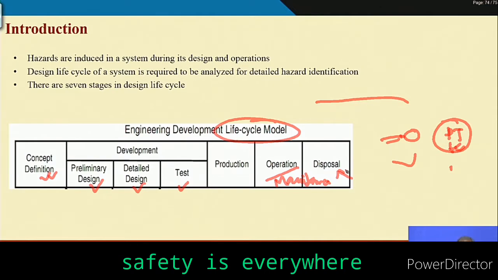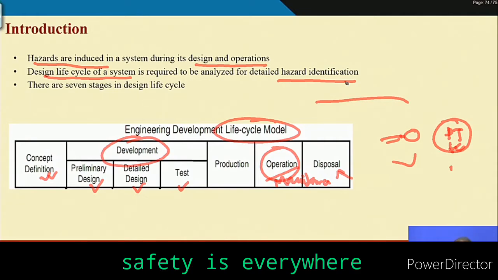And you see what we are talking about, that hazards are induced in a system during the design and operation. So, this is a very important part, the design part. Here hazards are induced; obviously, during operation, in each stage also hazards can be induced, but it is the design life cycle of a system that is required to be analyzed for hazard identification.